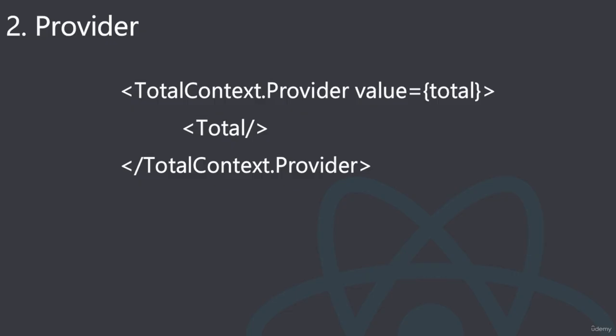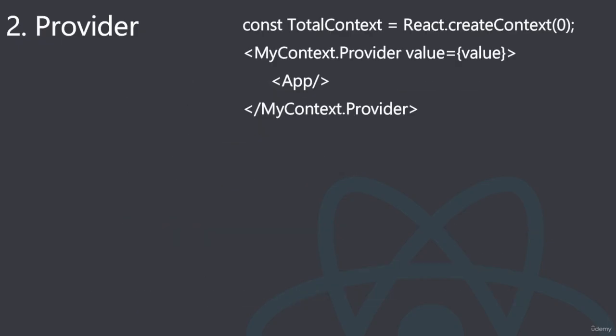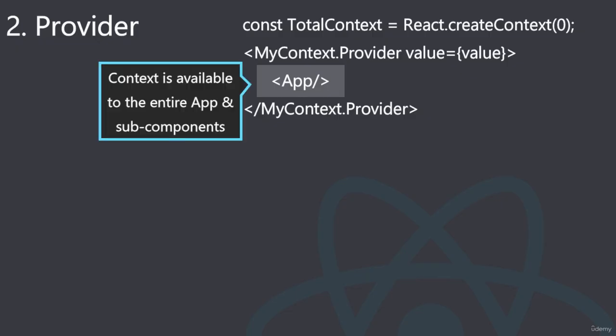Do remember that here provider is a React component available with the context object, and we need it to wrap around all the components who want to refer to the context. For example, in this case, app is wrapped by the context provider, means the context is available to the entire app and the subcomponents.